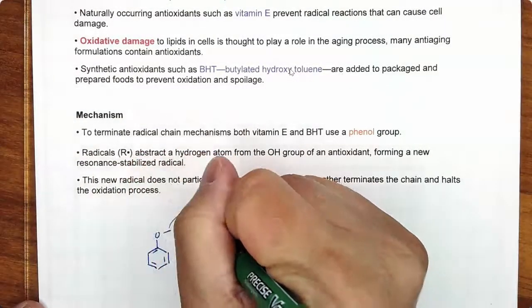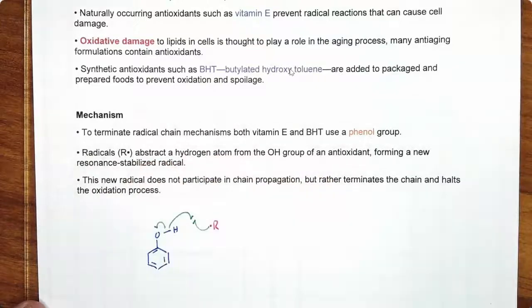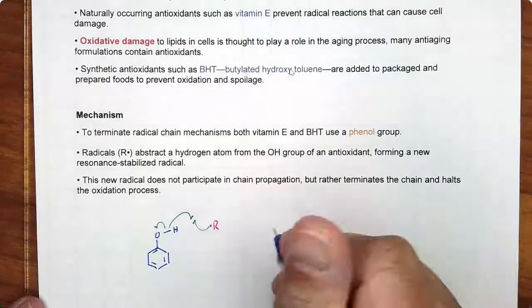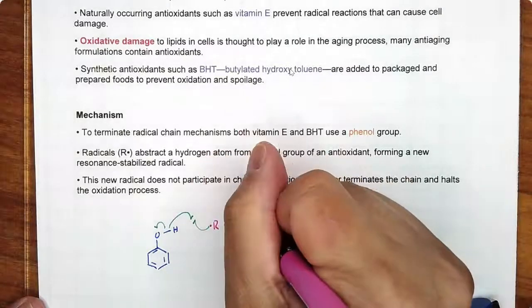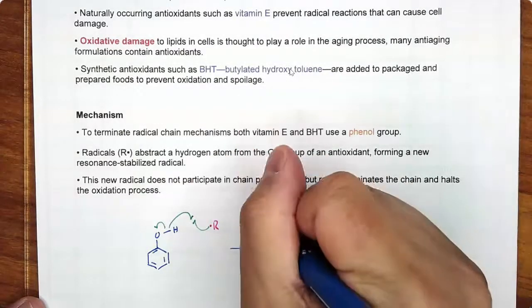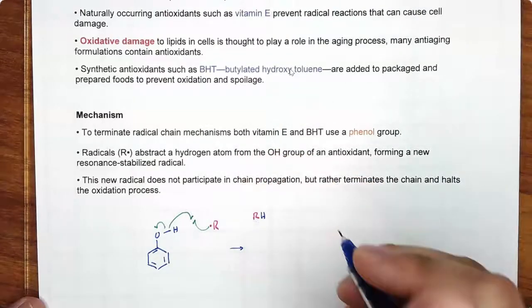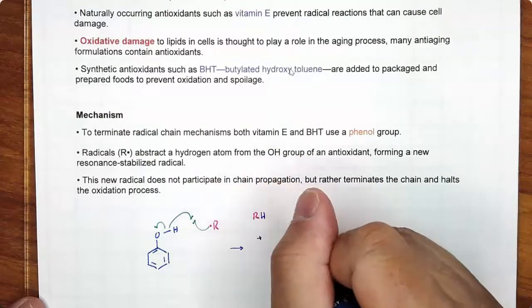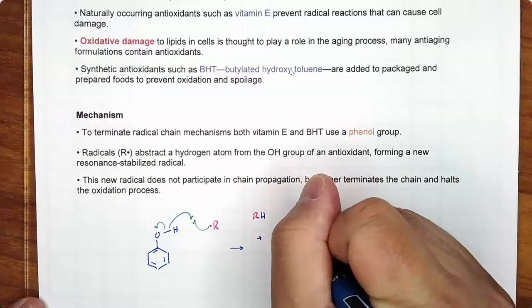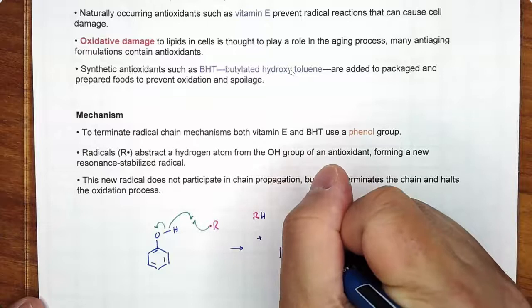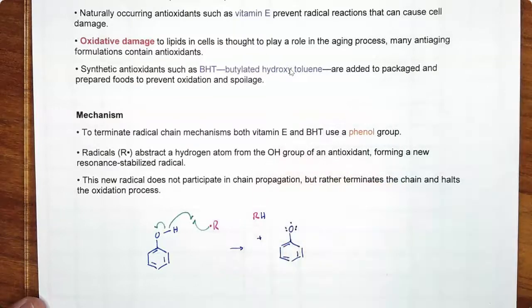We go like this, and we form the phenolic radical. So this RH is pretty much unreactive, and same thing with the phenol radical. I'll draw the other electrons as lone pairs.